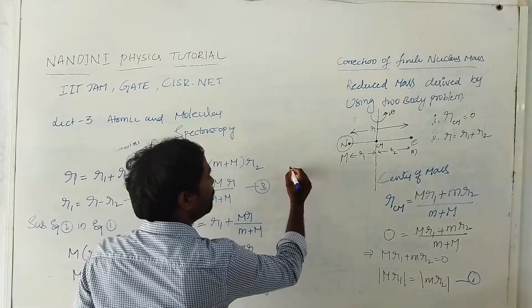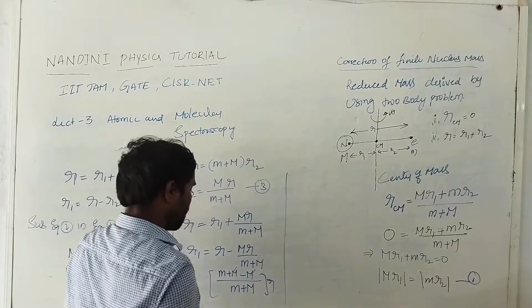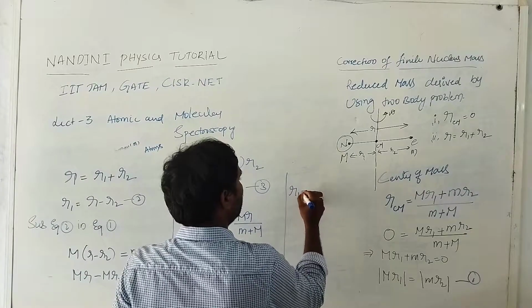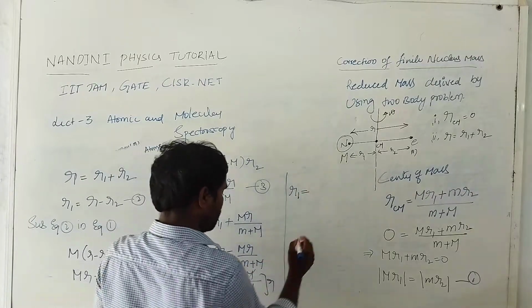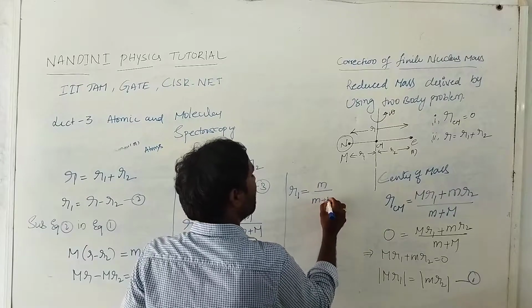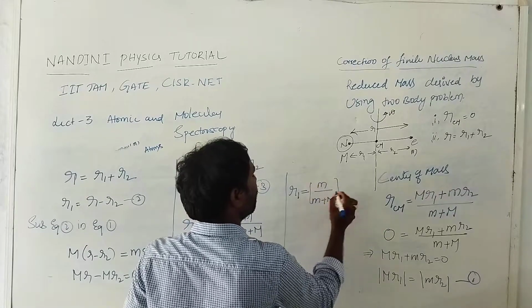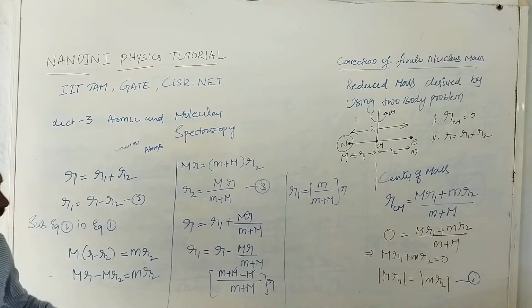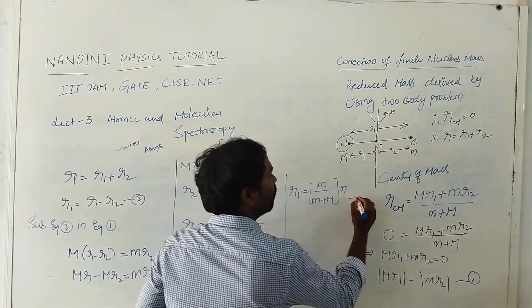Finally, the R1 value is small m divided by small m plus capital M, into R. So we get the R1 equation, this is equation 4.